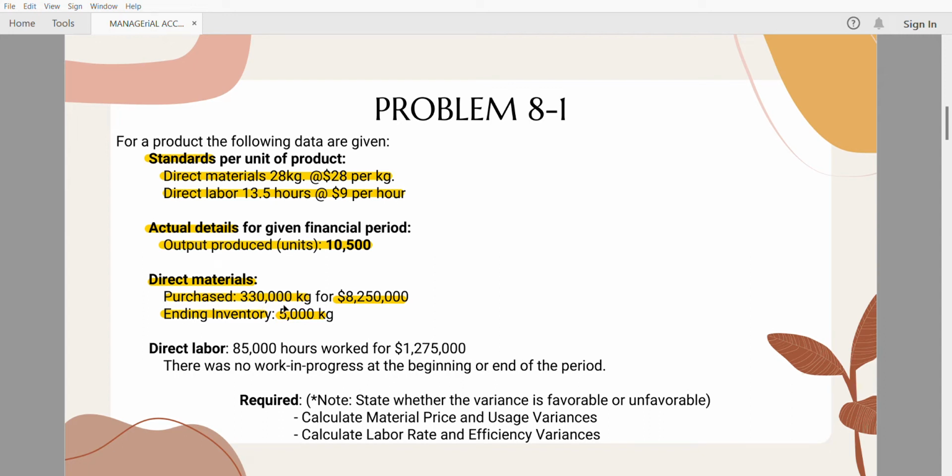The direct labor is 85,000 hours worked for 1,275,000, and no work in progress at beginning or end of the period. They ask whether the variance is favorable or unfavorable, and we need to calculate the MPV and MUV, and then LRV and LEV.